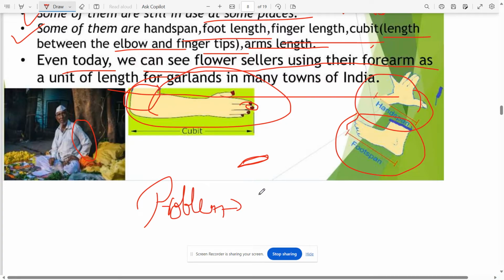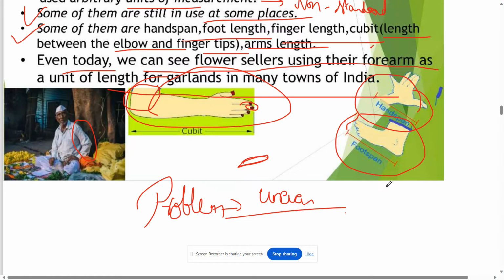The problem was that everyone had uneven sizes, uneven lengths of hands. So if a person having a shorter hand is selling vegetables according to his hand as a unit, at the same price that other vendors with longer hands are selling, it will be a type of unfairness faced by the customers.